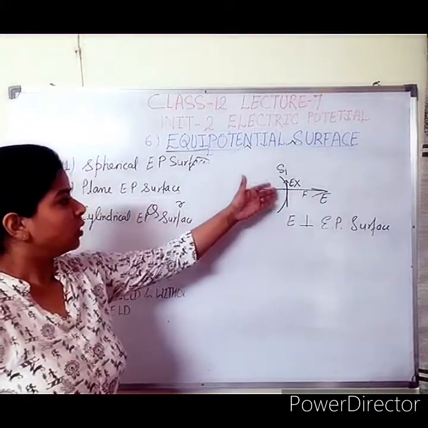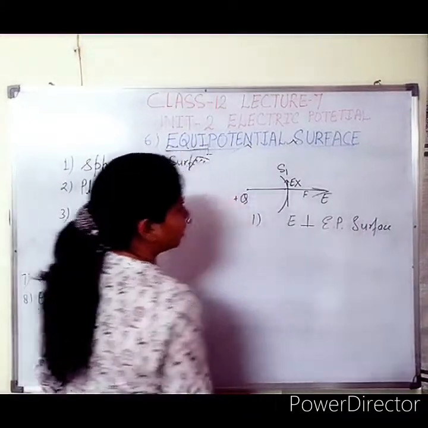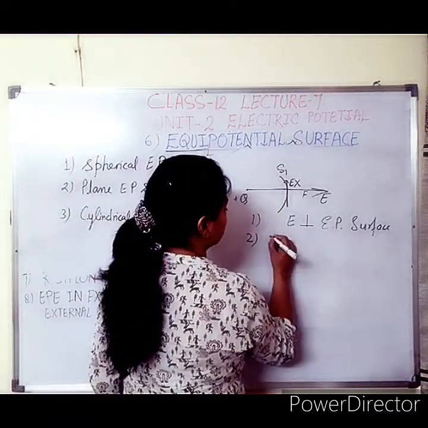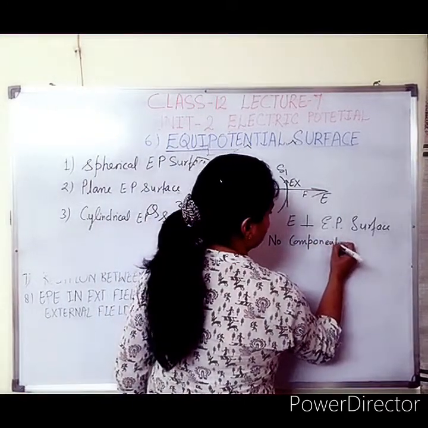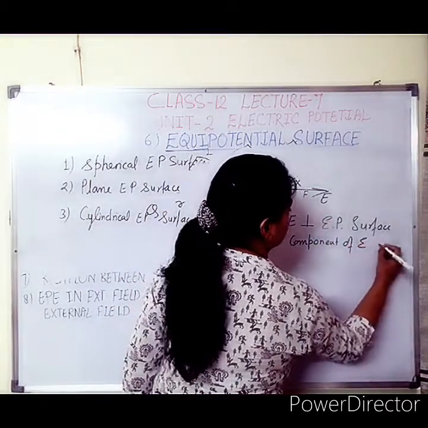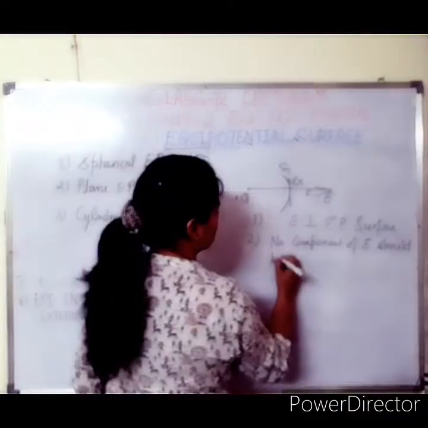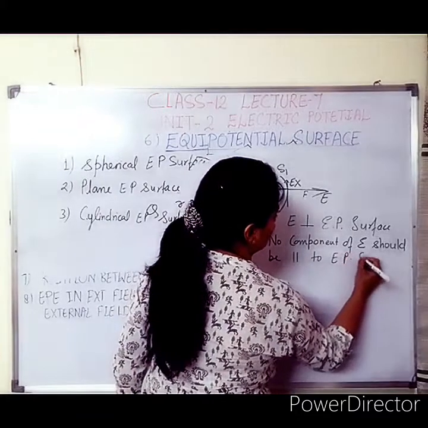Okay. So point number 1 is what? Electric field must be perpendicular to the equipotential surface. And second point, no component of electric field should be parallel to the equipotential surface.